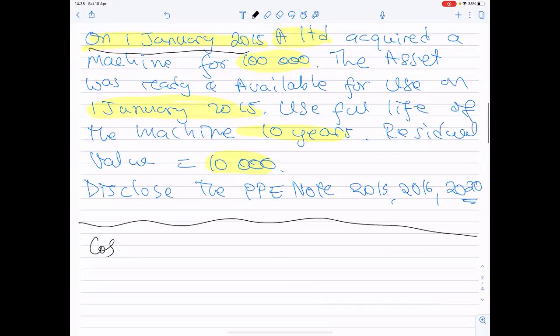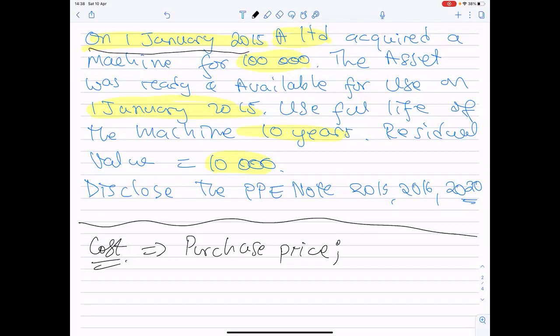So the cost of the asset, good people, we have to look at how we calculate the cost of the asset. Mostly we know that it is its purchase price. Now the purchase price will include import duties and non-refundable purchase taxes, like any tax that you are going to pay SARS and you are not going to be refunded by SARS. But if you are going to pay VAT, you know that VAT is going to be recovered from SARS, so that we don't include.